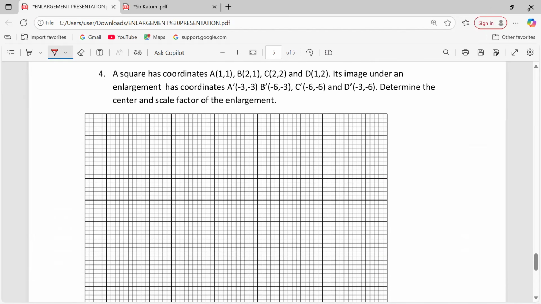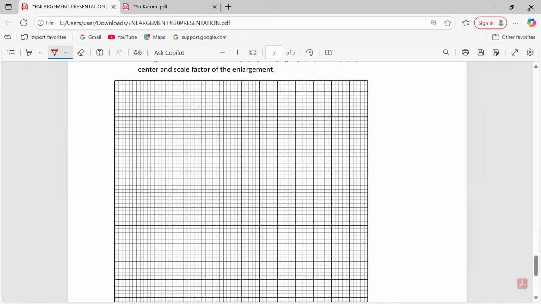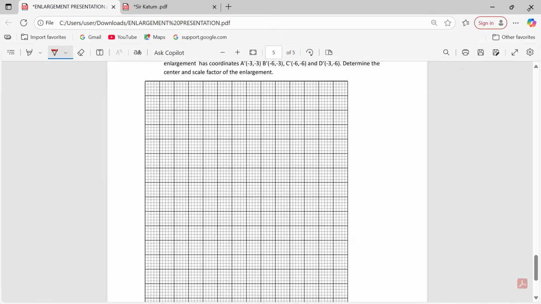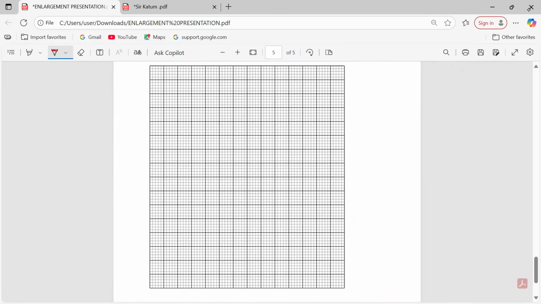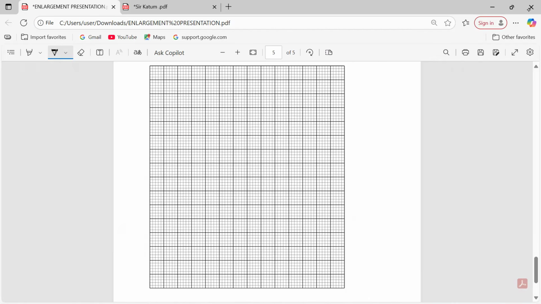So we can begin by first drawing the Cartesian plane. Start by first drawing the Cartesian plane, the x and y axis. So that is what we should start by doing. The vertical axis there, then the horizontal axis is at this point.